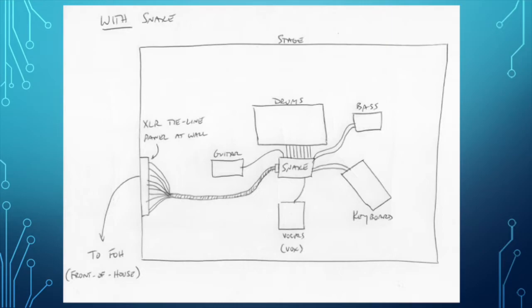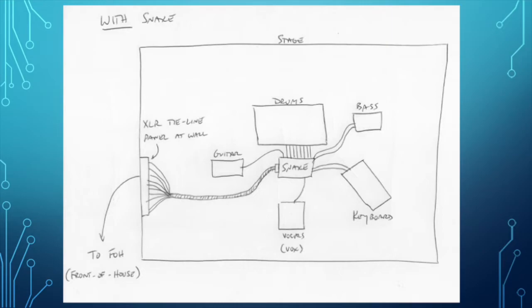Kind of cheesy drawings, but I couldn't find any good images online of a setup where they're using a snake and a setup where they're not. So I just figured I would draw a couple of examples here.